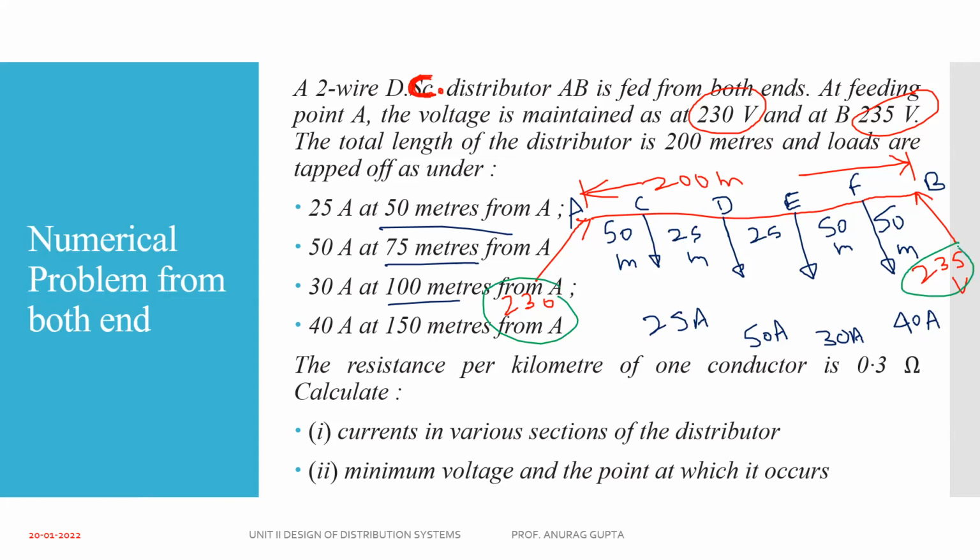So at that time, at which point we fed the current didn't matter. But if we have different voltages, at which point do we have to start the current? That I'm asking, either A or B. Means we have to assume the current flows from A to B or B to A. Okay, B. Good.